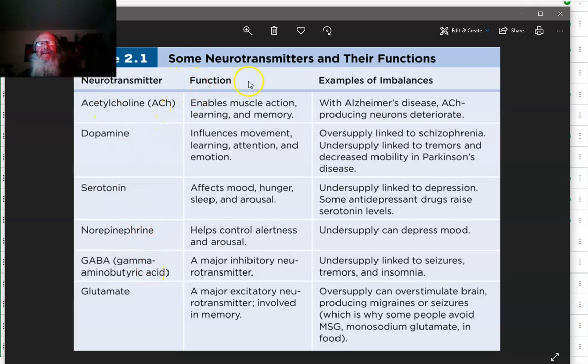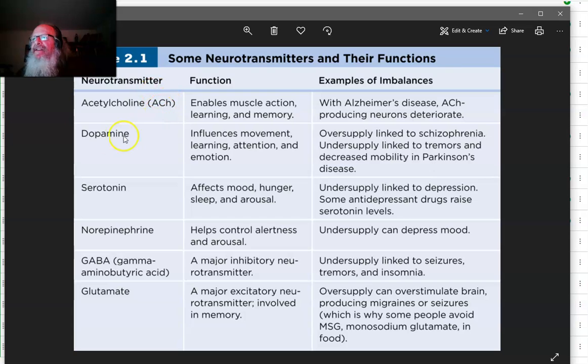We've got the function or functions of the neurotransmitter chemical. And then we've got the signs and symptoms patterns of what happens if we've got too much or too little activity of the particular neurotransmitter and its function. We'll be looking at this, and I want you to look at this more than once.